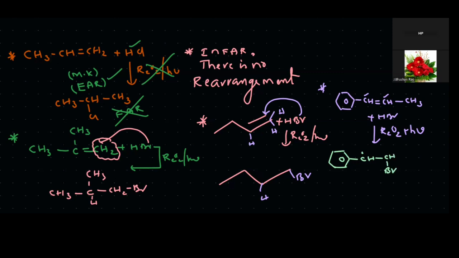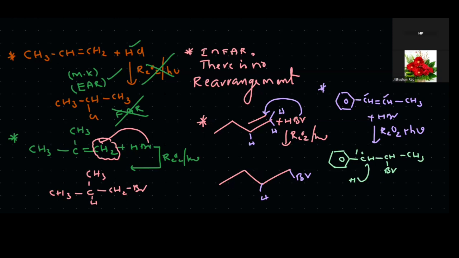This one is the stable form. Benzyl free radical is always more stable. So after this benzyl free radical forms, hydrogen attacks at this position. Hydrogen free radical attacks here. So finally add one hydrogen here. This is the final product.